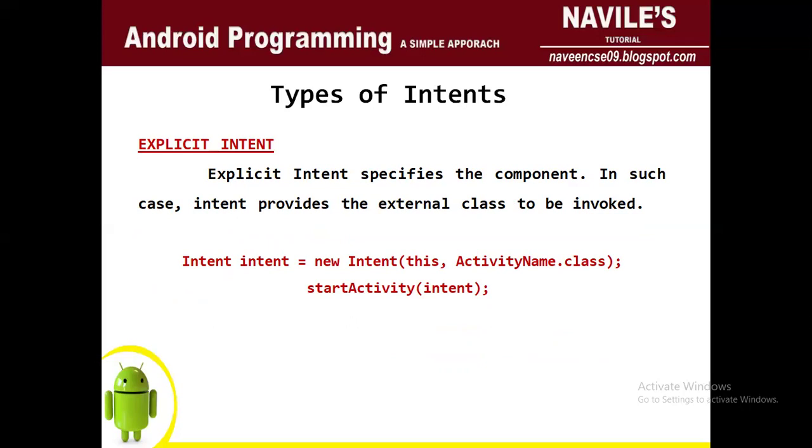The second parameter is the activity where you want to navigate. After doing this specification, we start the intent by calling startActivity and passing the intent variable. This is how we make use of the intent to move from one activity to the other activity.